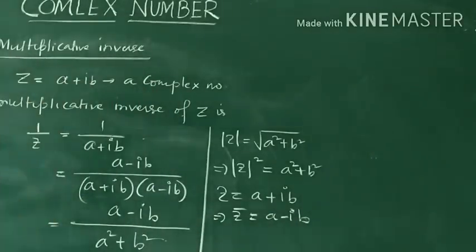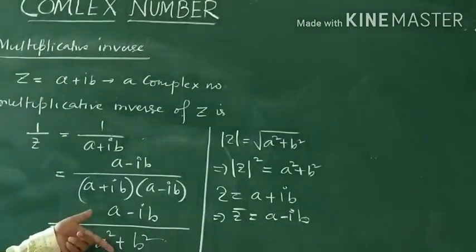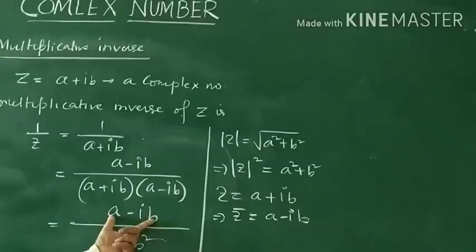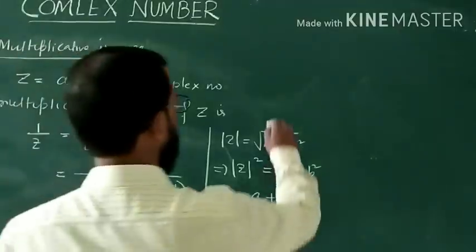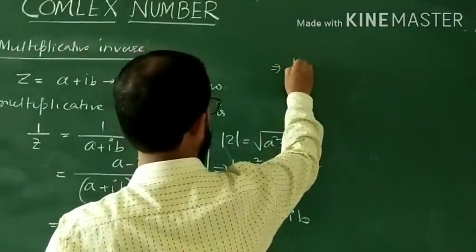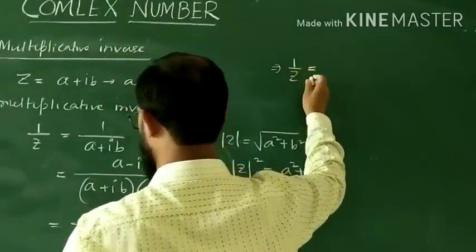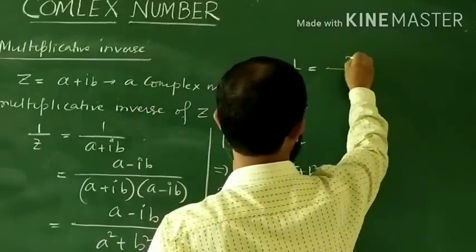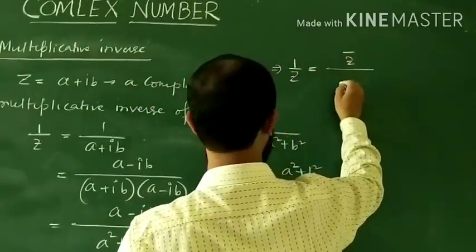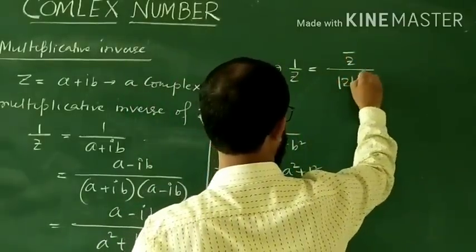I hope you understand. So this is written as z bar, and this is written as modulus of z whole square. Therefore, 1 by z is equal to z bar divided by modulus of z whole square.